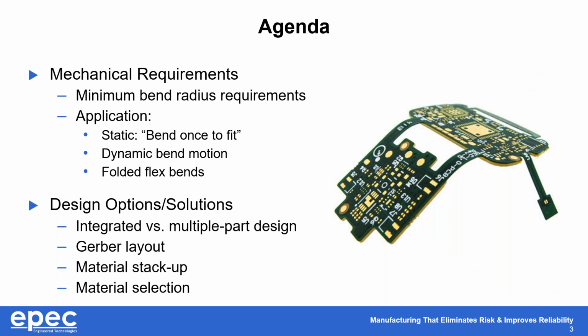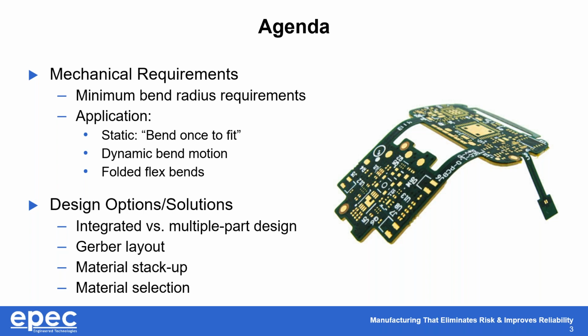Second element is the mechanical requirements, and this is going to focus in on the key mechanical requirement. There are some other smaller mechanical requirements, but this is by far the largest one, and that is the minimum bend radius requirements for the design for it to fit within your application. And the applications are broken into three different types.